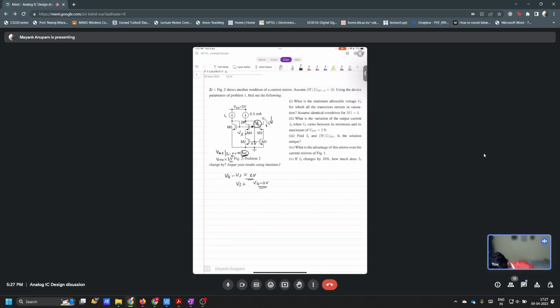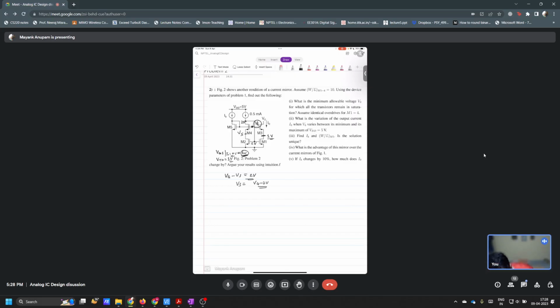If you want to make sure that V naught achieves its minimum value, then if V naught goes low, M1 starts to go out of saturation, and M3 also starts to go out of saturation, right? So if you do not want M1 to go out of saturation, what is the minimum value you need here? 1 volt, right?